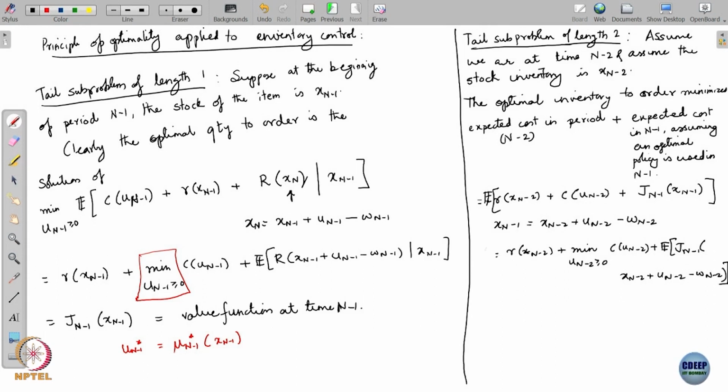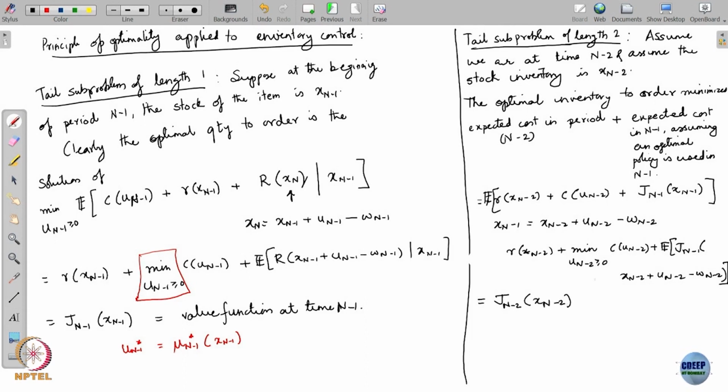This whole thing can be denoted as j n minus 2 of x n minus 2. Let me write this more neatly. This is a function of x n minus 2, so write this as j n minus 2 of x n minus 2.